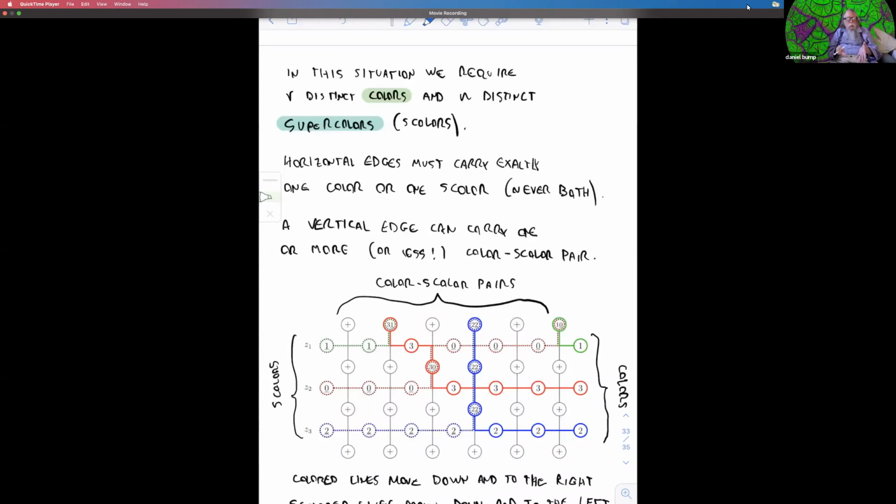They could be thought of as being like gravitons and gravitinos. They're things that belong to each other, supersymmetric pairs, and the color and the S color can occur together on the vertical edges.